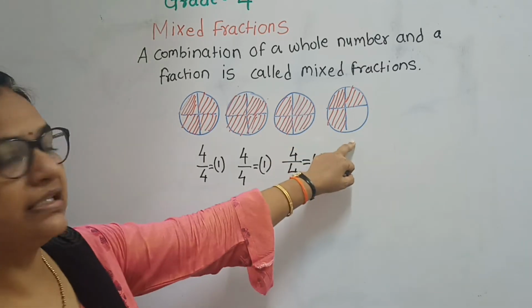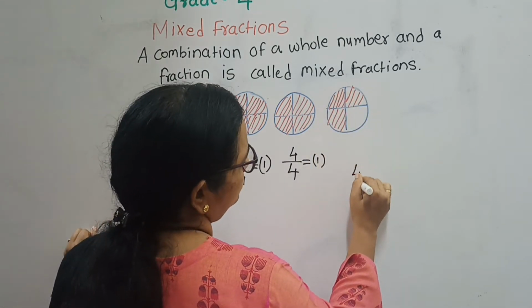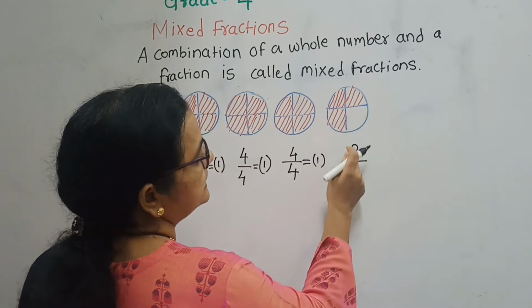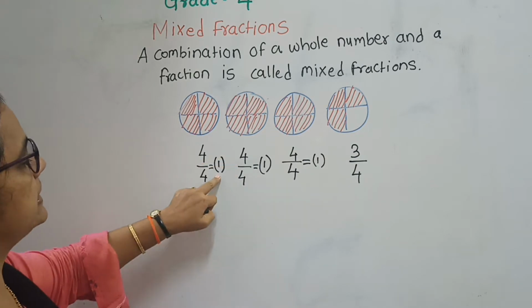Now in this fourth figure, 4 parts are there, and how many are shaded? 3. So this fraction is 3/4. In the other figures the fraction is 4/4, which is equal to 1.